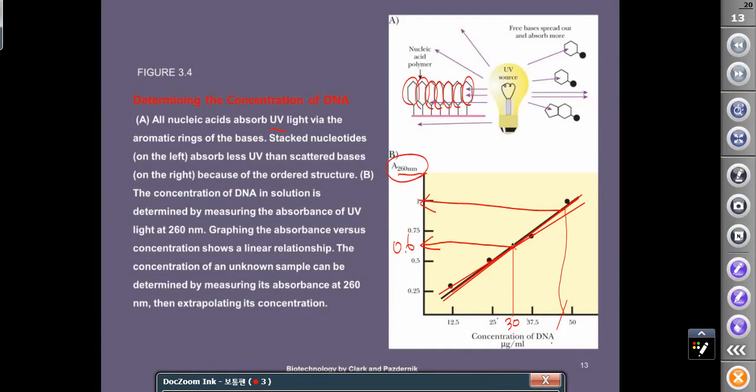The exact number you have to calculate from the linear equation of this.